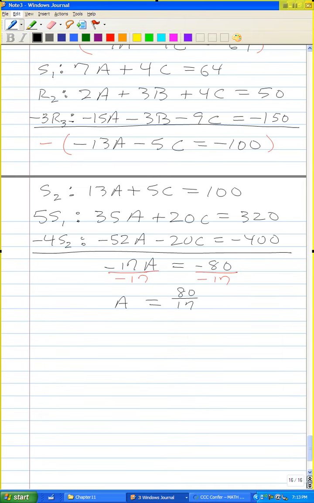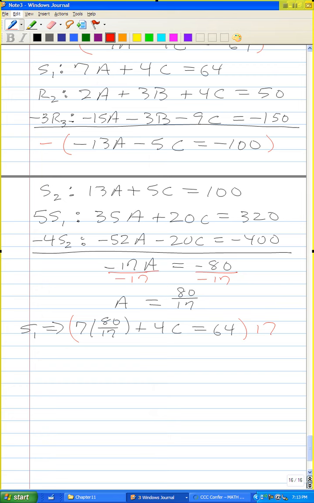And so let's figure out C. It doesn't really matter in this case since none of them are very nice numbers, but maybe I'll use S1. So 7A plus 4C equals 64. Multiply both sides of my equation by 17. That'll at least get rid of my fraction.